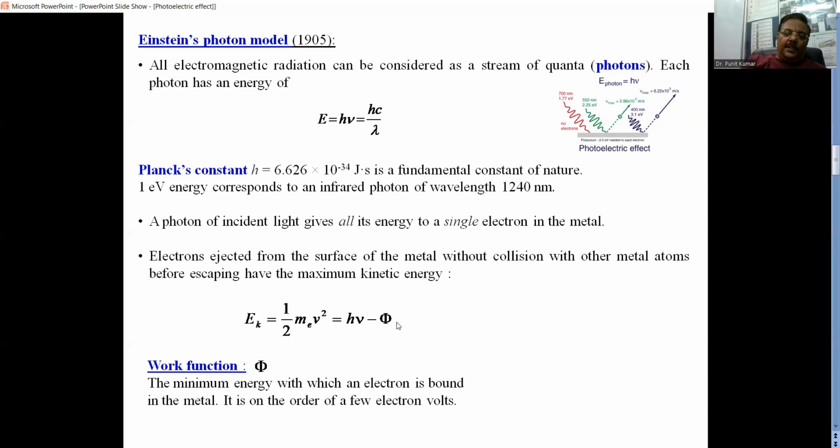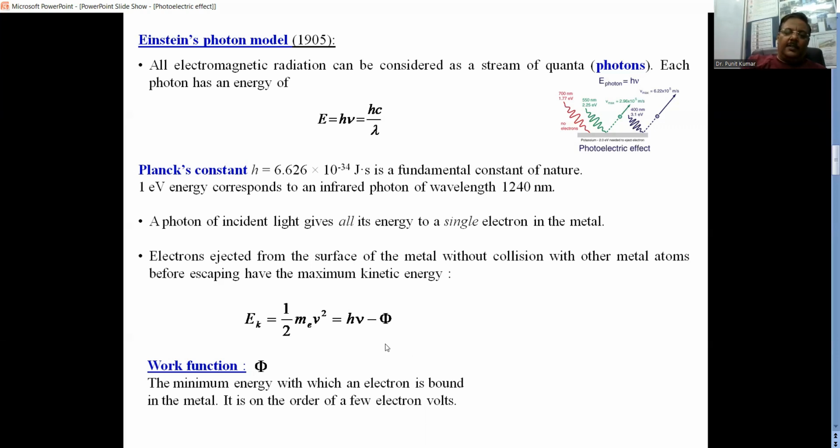Phi is the work function, and this work function denotes the minimum energy, or the threshold value of the energy, that is spent in emitting the electron. This is the energy of the incident photon. Phi is the amount of energy spent in emitting it. So the energy of the emerging electron is the difference of the two.